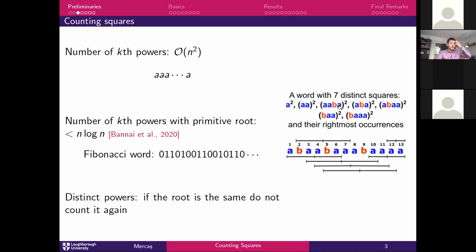Then you have the square AABA, AABA, which appears over here. You have ABA square, AB double A square, B double A square, and B triple A square. And these 7 squares are the only distinct ones occurring in this word. So there are quite a few, given that the word length is 13, so it's more than half, right?